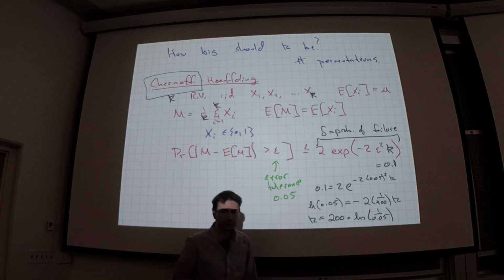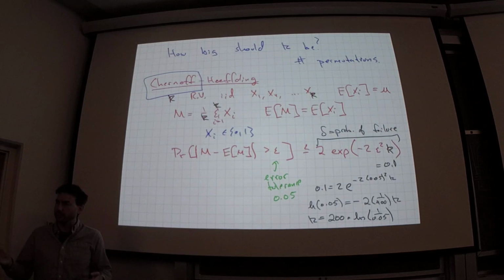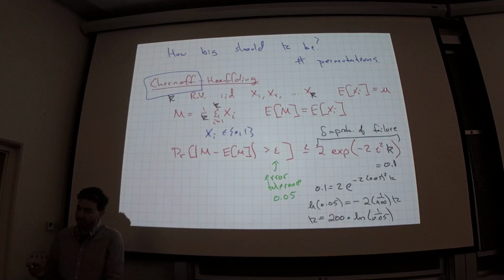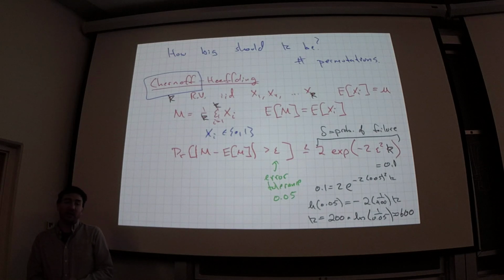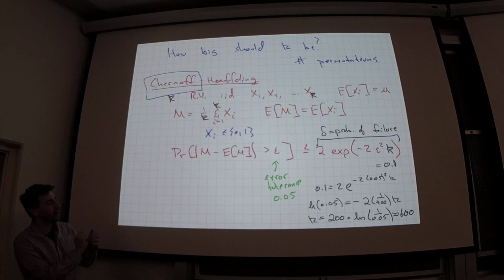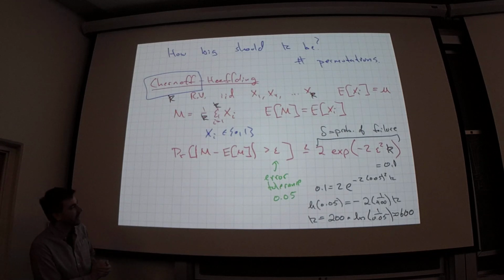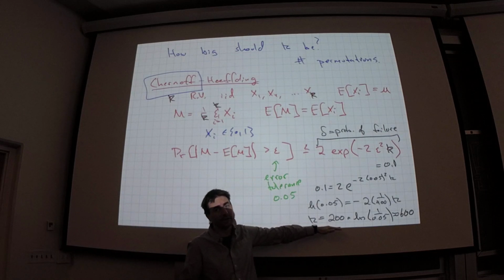The natural log of 20 is about 3. So this equals about 600. This says that in order to guarantee that with at most 10% probability I get at most 5% error, I need k to be 600, which seems kind of large.